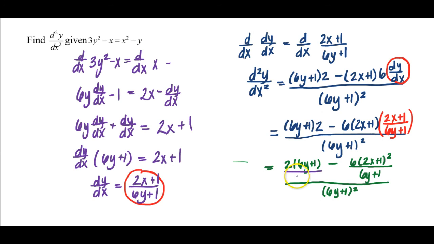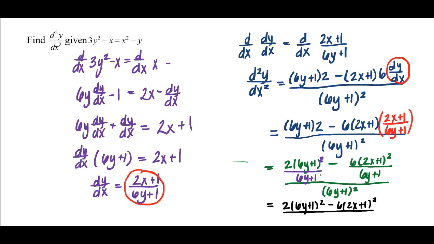In the numerator, I need to put a 6y plus 1 in this denominator, which means I need to multiply the top by that. And there's already one there, so I'm just going to make that squared. And then what I'm going to do is combine those two fractions with common denominators. So I'm going to have 2 times 6y plus 1 squared minus 6 times 2x plus 1 squared all over.